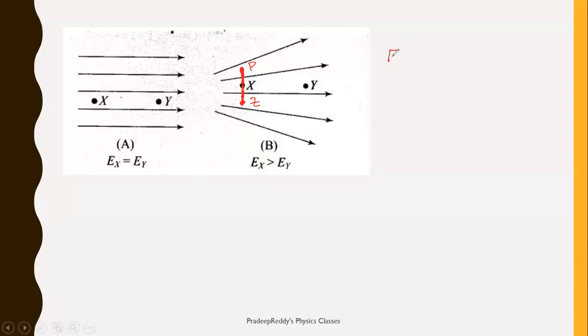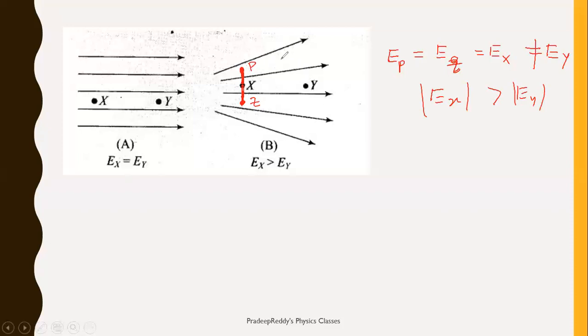Therefore, field at P is equal to field at Z is equal to field at X, and this field is not equal to field at Y, and the magnitude of field at X is greater than the magnitude of field at Y, right?